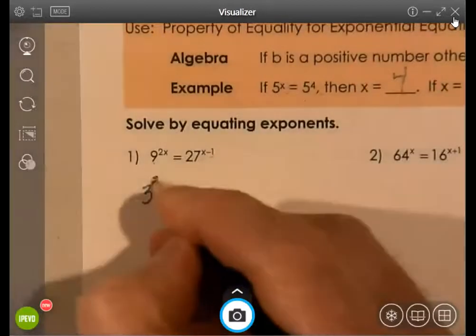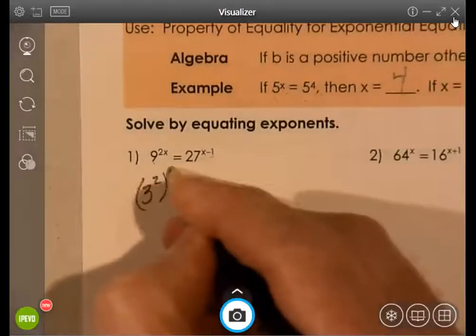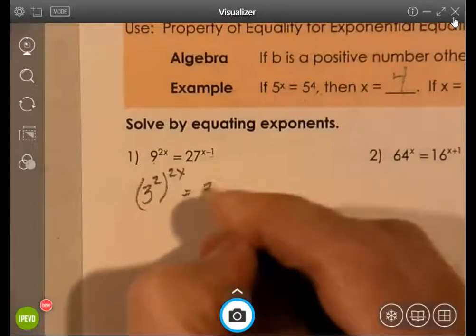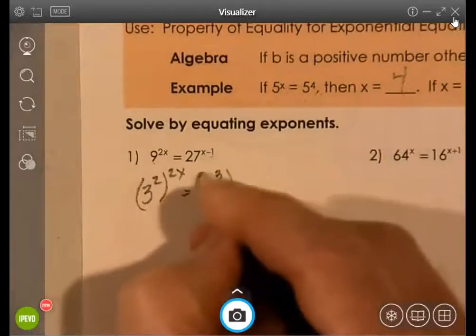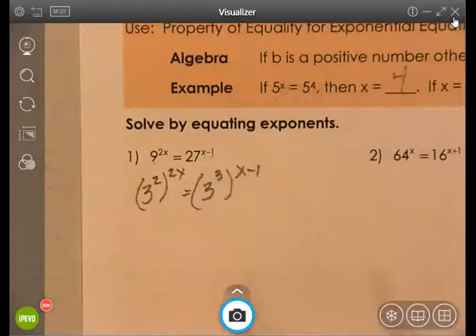So 3 squared makes 9, and 3 cubed makes 27. Now we have the two bases the same.